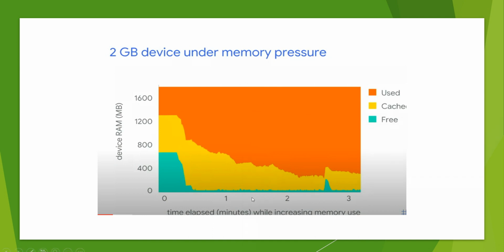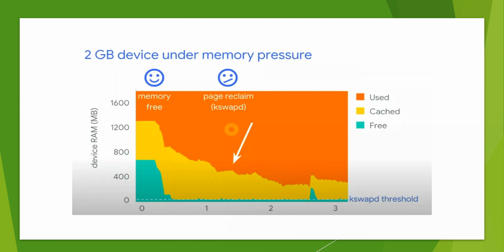And this yellow line is the cached memory, and we can see there is very little free memory left on your Android device. So using lots of different applications, your free memory will be reduced, right? The more you use, the more your free memory will be reduced.